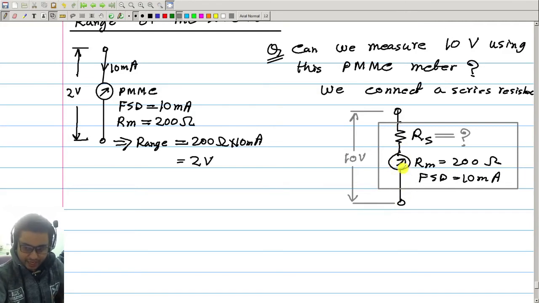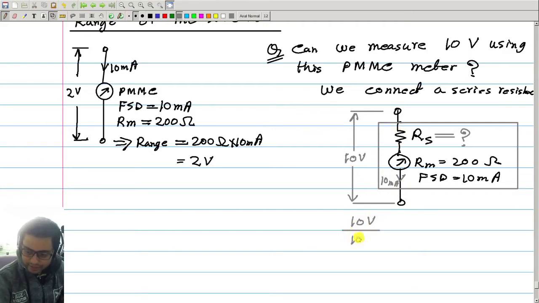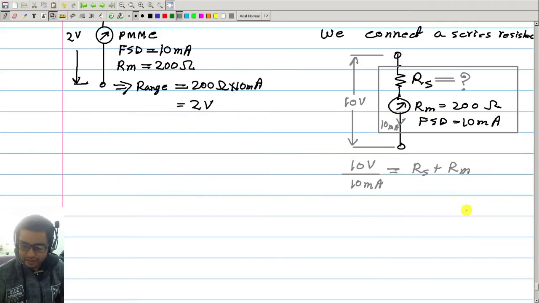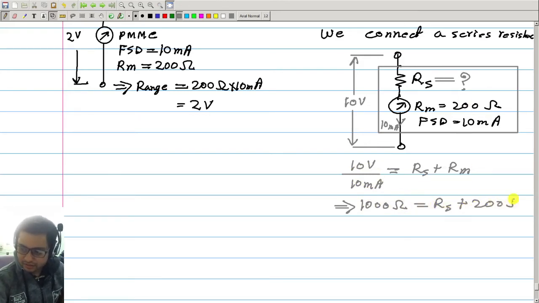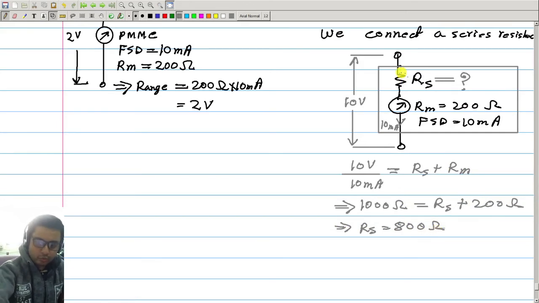That means at that instant we would like to have 10 milliampere current flowing, which implies 10 volt divided by 10 milliampere is the total resistance Rs plus Rm. So how much is this? 10,000 milli by 10 milli is 1000 ohm. This should be equal to Rs plus Rm, which is 200. So this implies Rs equal to 800 ohm. So if I connect an 800 ohm series resistance, then these two together will make a voltmeter with full scale range of 10 volt.